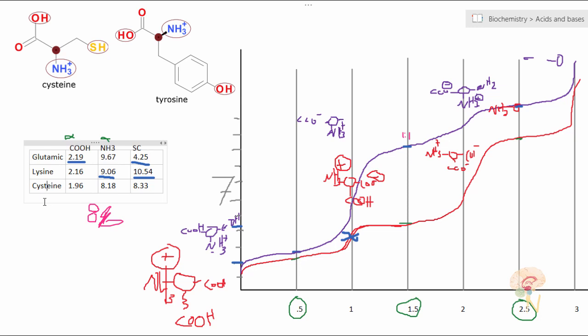These two, cysteine and tyrosine, have two dissociable groups in their side chain, which are OH for tyrosine and SH for cysteine.